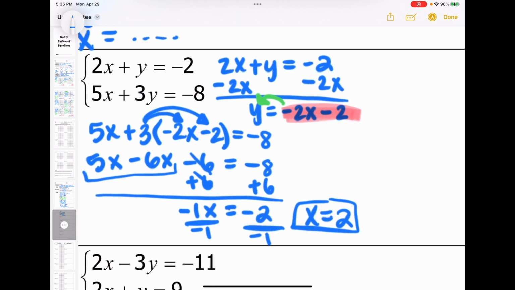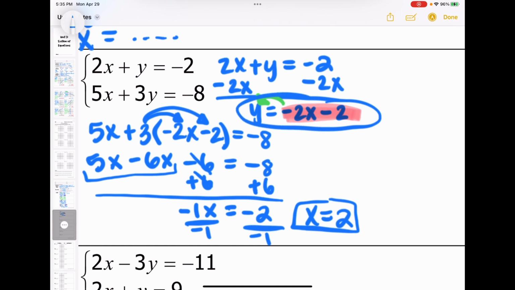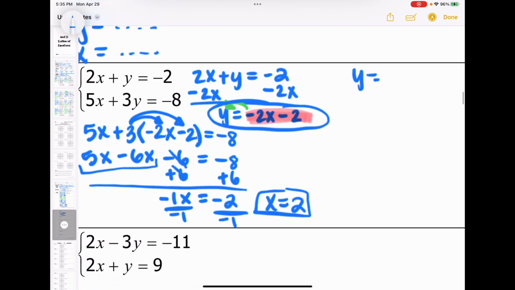All right, now step 3, we are going to substitute your answer into the revised equation from step 1 and then solve for the variable. So I'm going to substitute that into my revised equation, which is this right here. So y equals -2x minus 2.